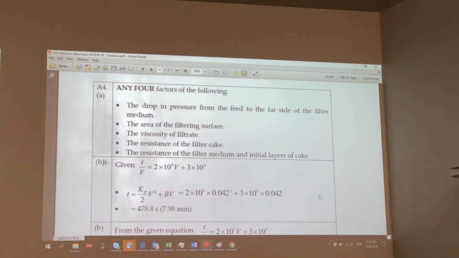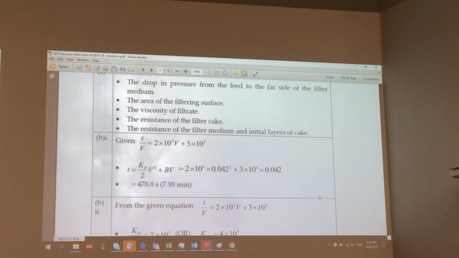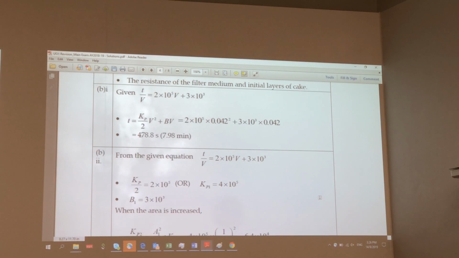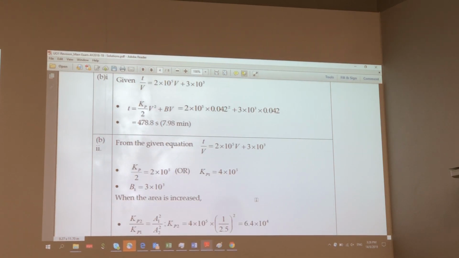Are you okay? Okay, for the second part, you need to calculate once you see there's a change in the filtration area, so means you have to find out the new values of Kp and B. Okay?